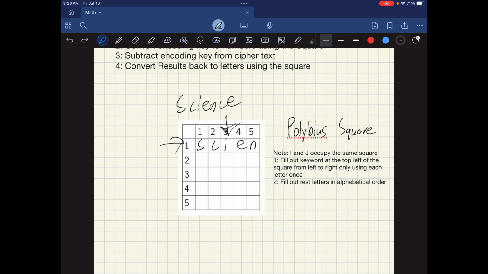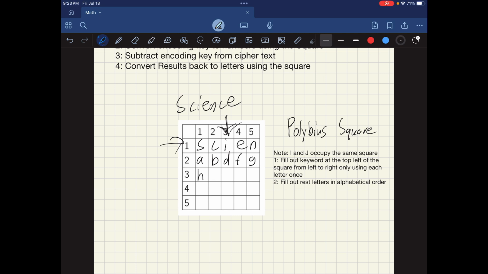And then once you do this, you fill out the rest of the squares in alphabetical order, starting from A to Z, but you skip the letters that have already been used. So we see A hasn't been used, then B. C already has been used, so we skip C. We go to D, then E has been used, so we write F, G, H. I has been used, and remember I and J share the same square, so we skip both of them.